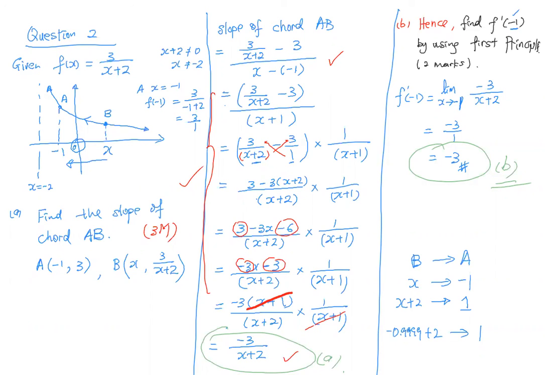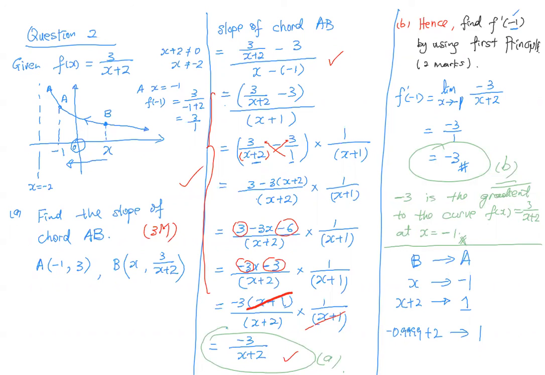So you have to say -3 is the gradient to the curve f(x) equal to 3 over x plus 2 at x equal to what? -1. Yes.